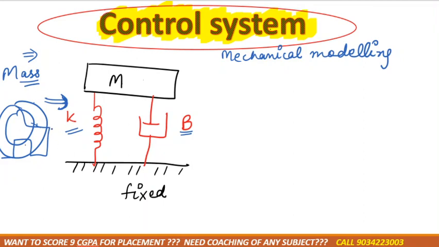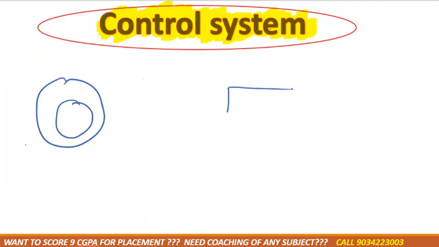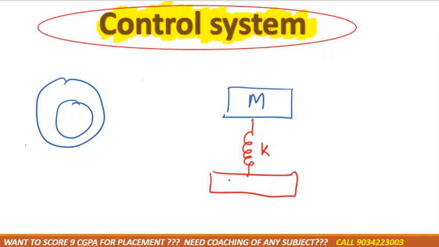So we can model the tire as, suppose this is the tire of the system. The tire is represented by mass, and the elasticity of the car is represented by the spring, that is K, and in that case it would be fixed. Understood? Clear?